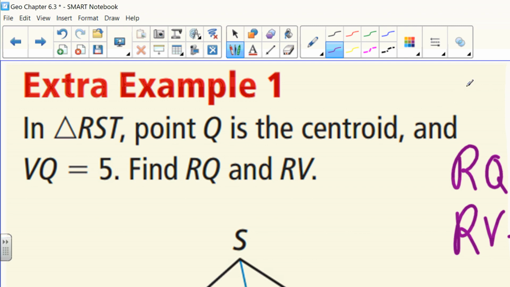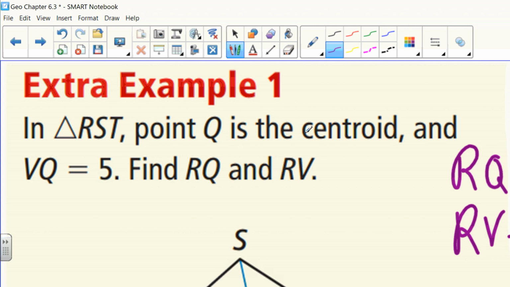So let's start off with RQ and RV. 10, because the bigger is equal to twice the smaller. The bigger is equal to twice the smaller. The smaller is equal to half of the bigger. So this here is 10, and RV, the whole length is 15.